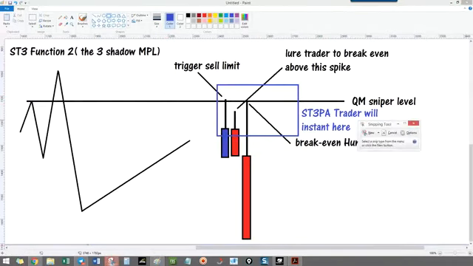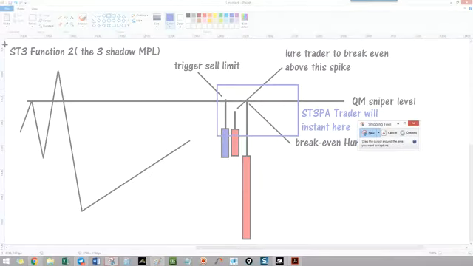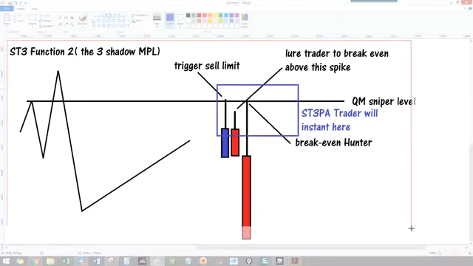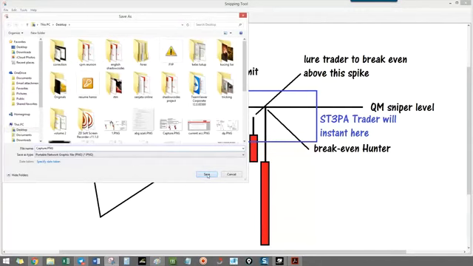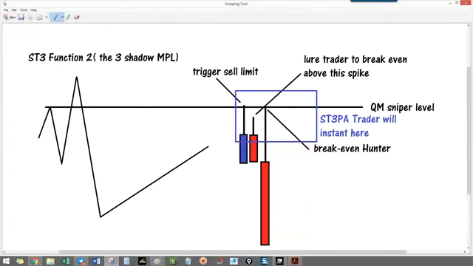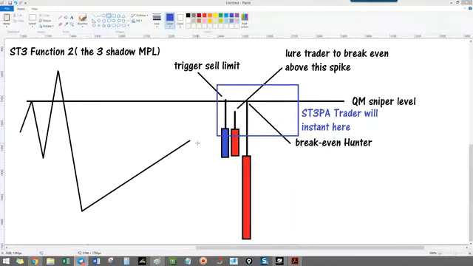Screenshot. Right, this is example. If you're using QM, you can also use decision point.